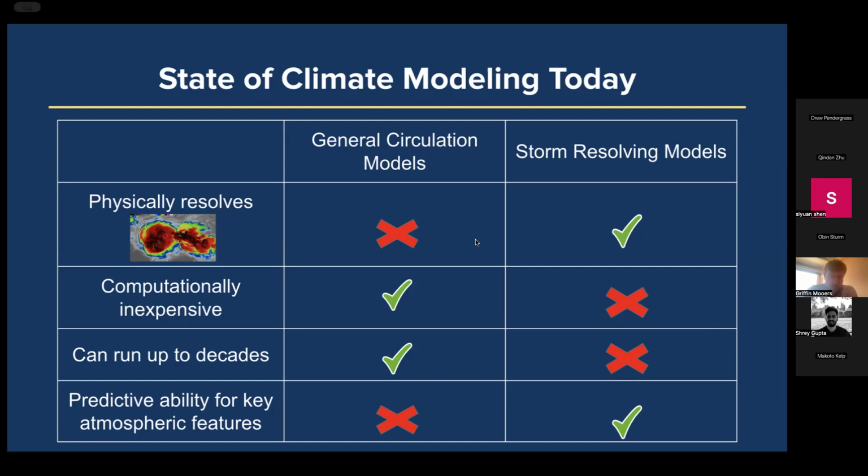We have our core GCMs. You can run them a super long time, but they don't physically resolve the key features of the atmosphere we care about.